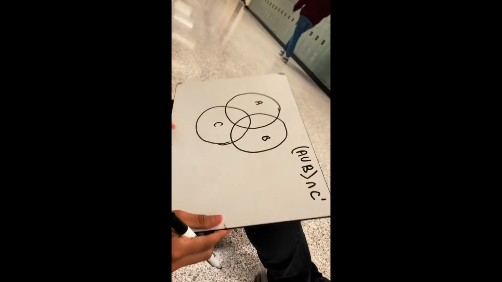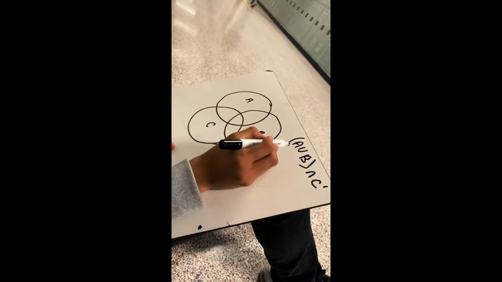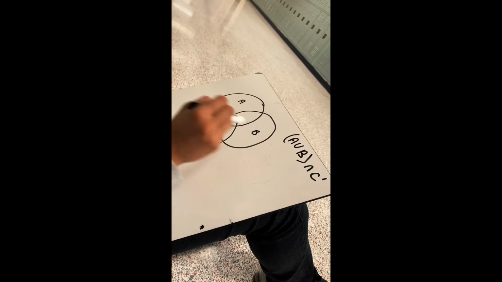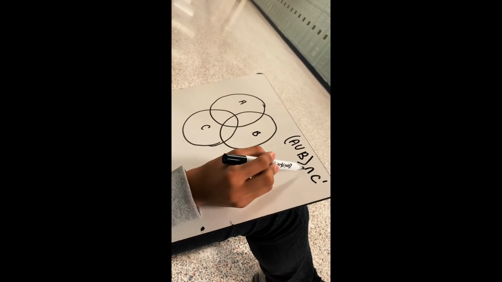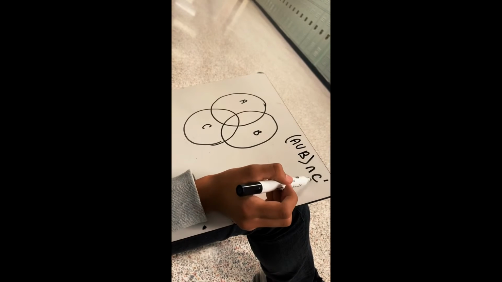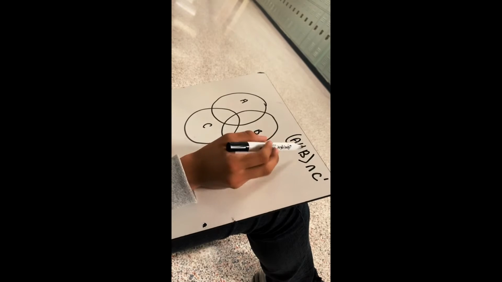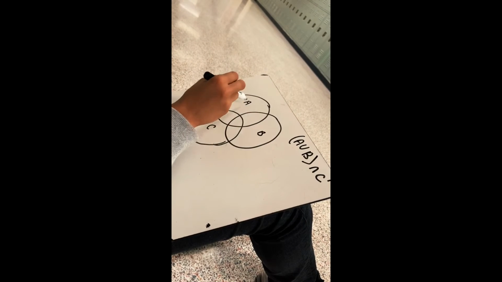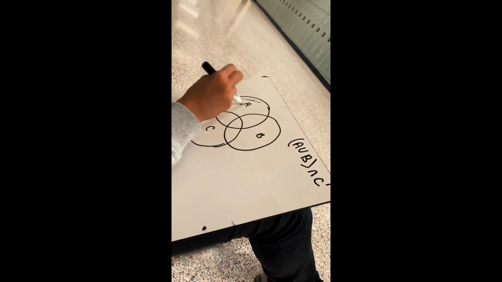And here we have another Venn diagram of 3, but this one states A union B, meaning out of this circle, what is not in C? This little dot means not in C. So we have this shaded area already.